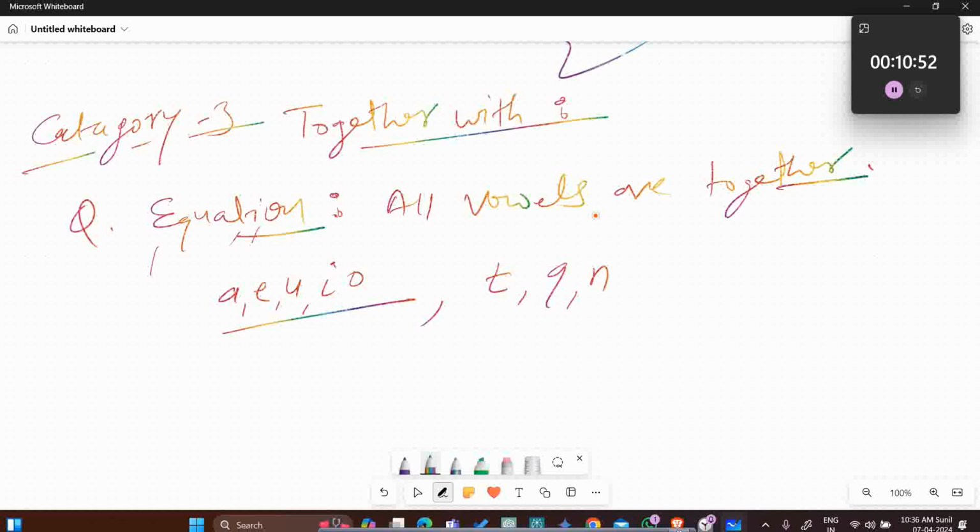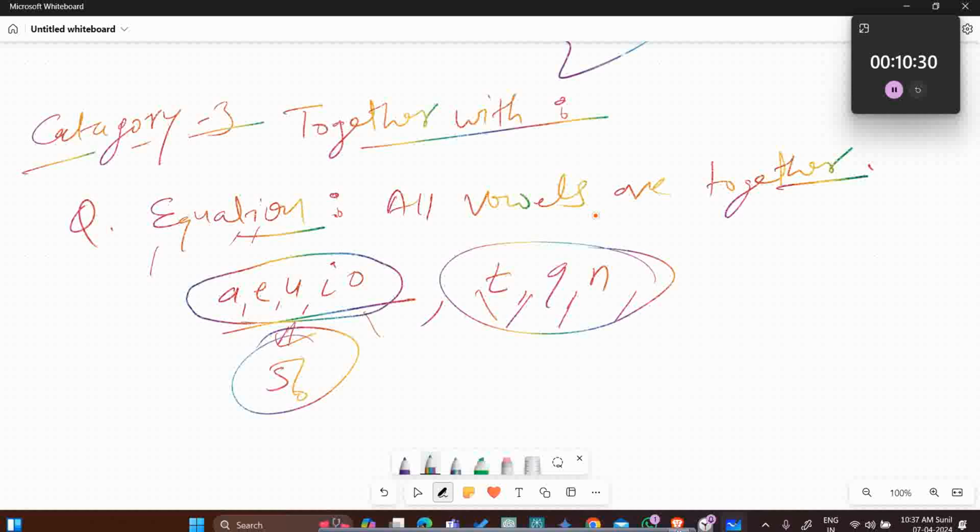So how many vowels are there? There are 5. So we can interchange them in 5 factorial ways, treating them as 1 block. And how many places can we put this block? 1, 2, 3, and 4. 4 places, so 4C1.